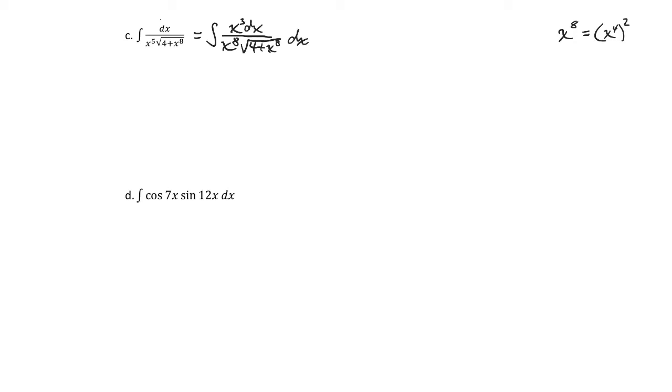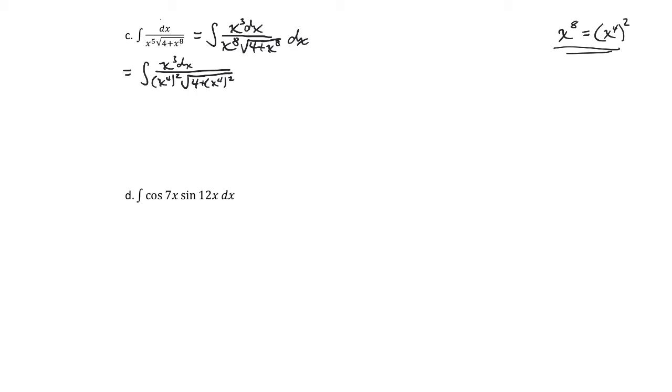Now things are starting to look pretty good for me. I'm going to make two little adjustments here. I'm going to use this fact that x to the 8th is x to the 4th squared. In the numerator, we have x cubed dx. In the denominator, we'll have x to the 4th squared times the square root of 4 plus x to the 4th squared.